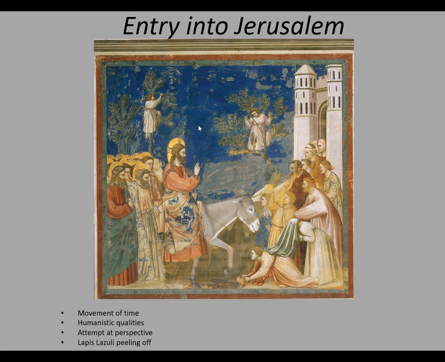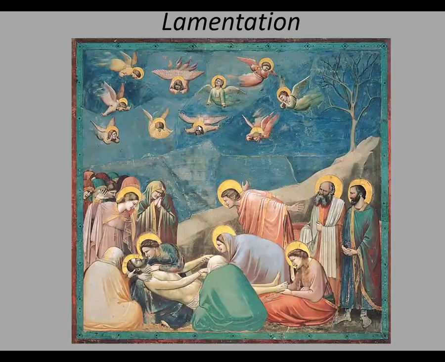You have to grind this pigment up and use it in the fresco, and it's really expensive. So he uses it as much as he can, and this will reflect the wealth of the Scrovegni family who paid for this. People who would see the blue would know it was an expensive painting.